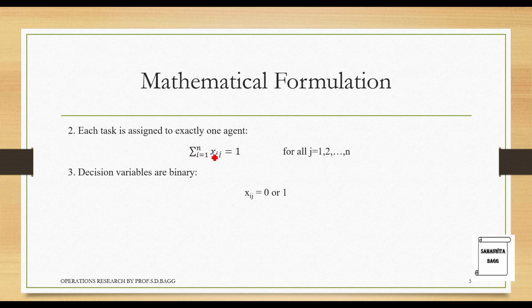Each task is assigned to exactly one agent. Again we'll take summation of i equal to 1 to n, xij is 1 for all j equal to 1 to n. Decision variables are binary, xij is equal to 0 or 1. This is binary because it will either take value 1 or 0.